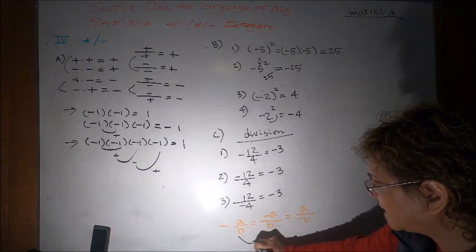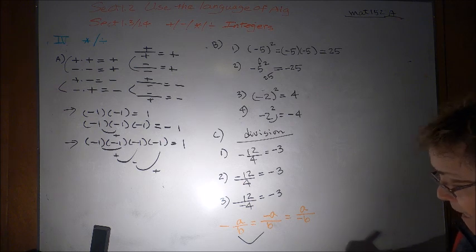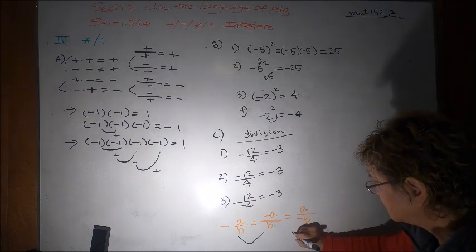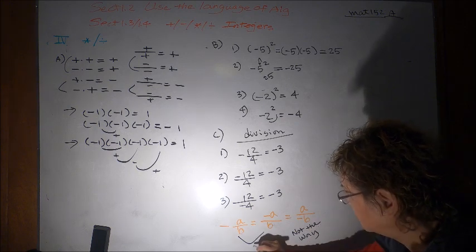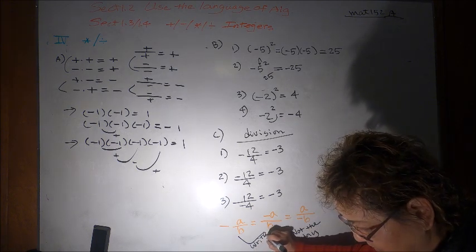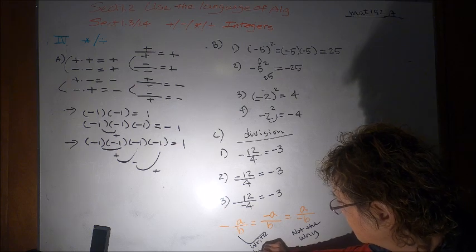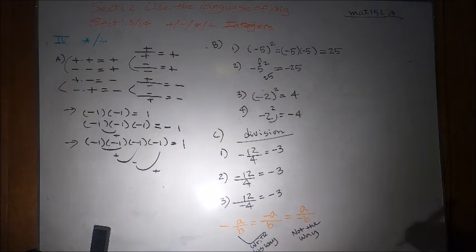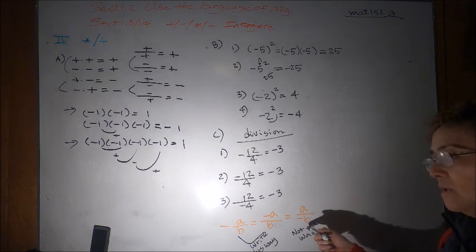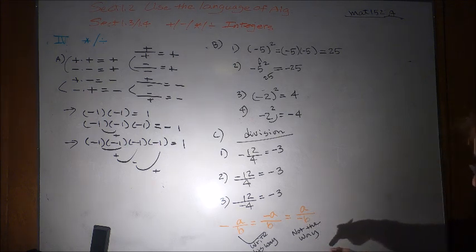However, we write it this way, okay? Then not this way. Usually, we just write it this way, right? Not the negative on the bottom, because we reserve the bottom for LCD later.